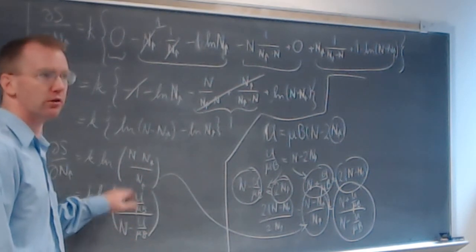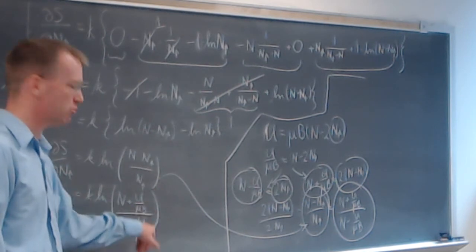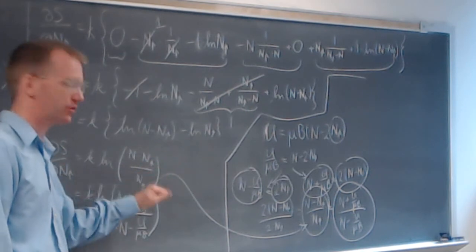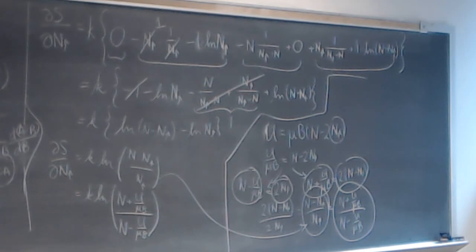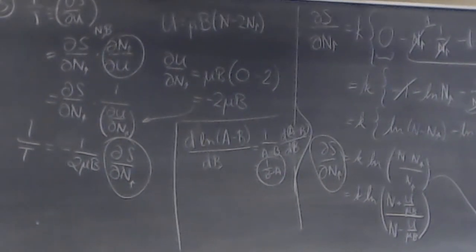K times the natural log of n plus u over mu b divided by n minus u over mu b. It's antisymmetrical. The sign flips from top to bottom. Now let's take this. This is our derivative of entropy with respect to the number up. And we want to put it back into the equation for temperature.